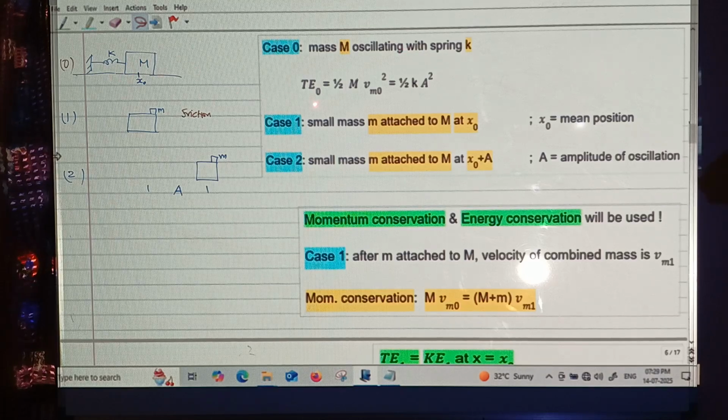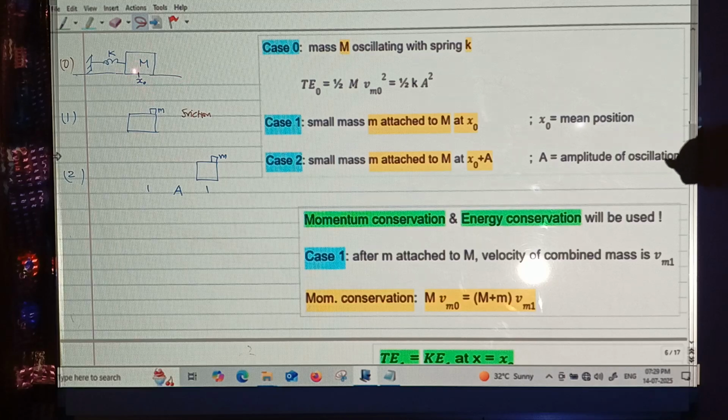So the total energy of the system I can take at the mean position. The potential energy stored in the spring is 0, so only the kinetic energy will be there. It's half M v m naught square, which is the same as the energy stored at the extreme position, half k A square.